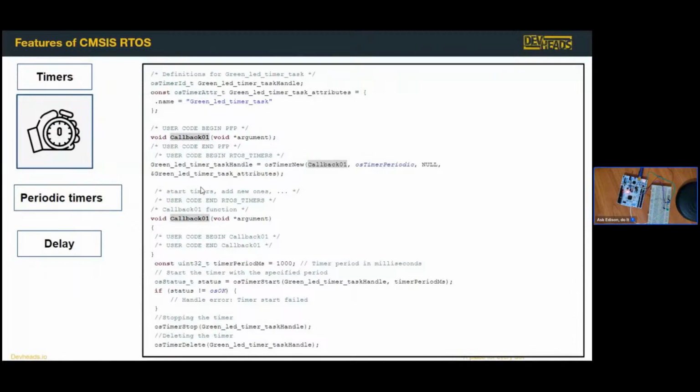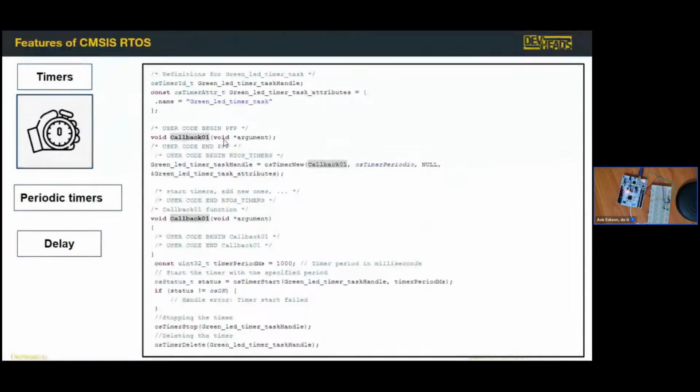And then you have a pointer to the green LED task. If you want to stop the timer, you also have functions to do that. You can use the OS timer stop, and then you pass the handle. And you have the OS timer delete if you want to discard the whole timer.